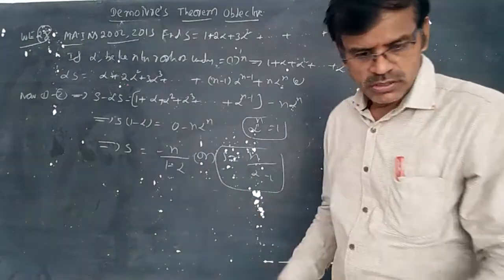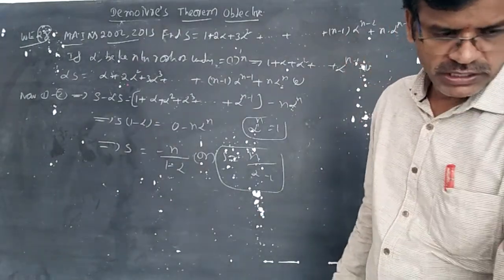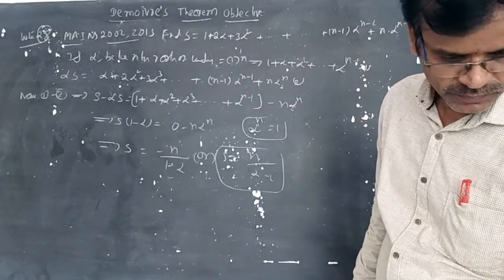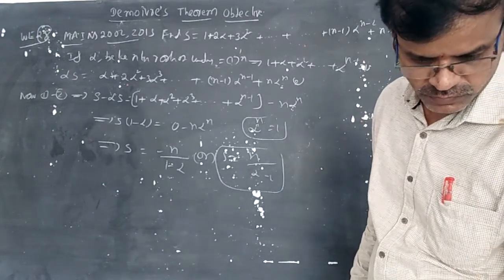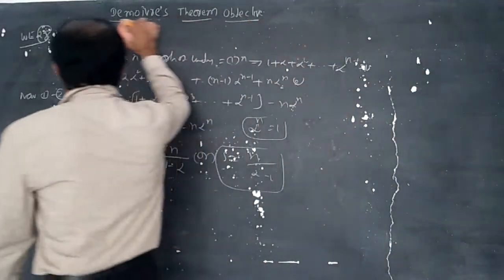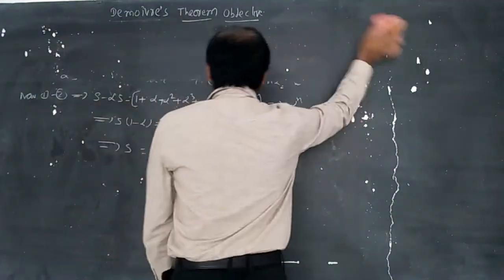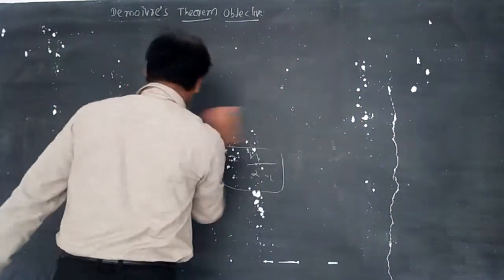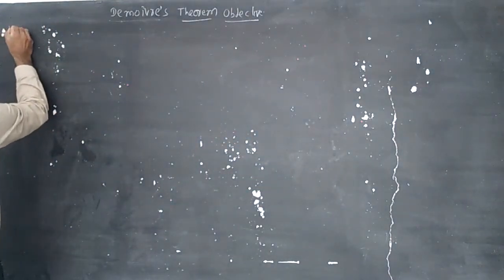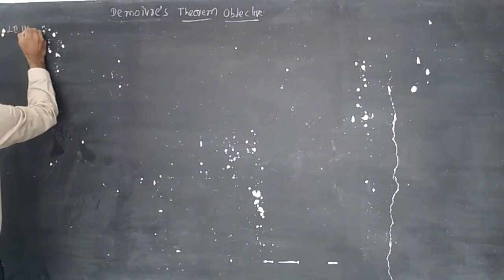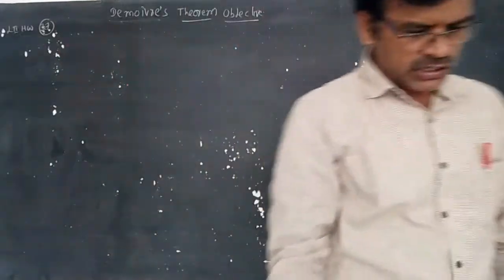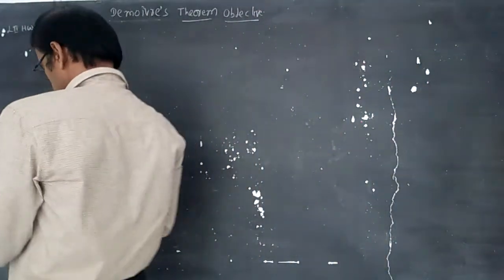Same model, another sum is there, level 2 homework 37. Let us discuss the sum. Level 2 homework 37th question, page number 49.